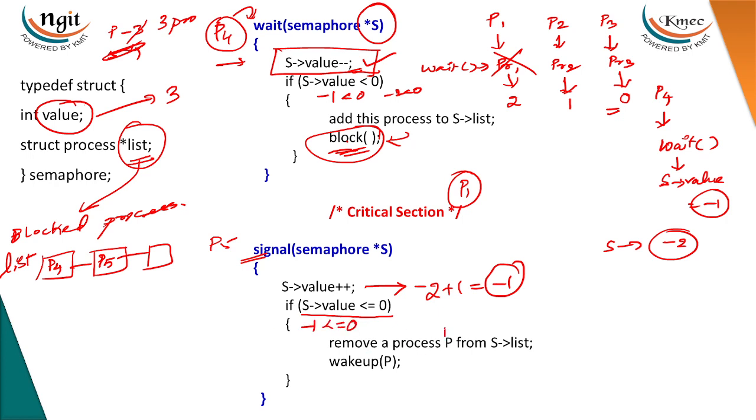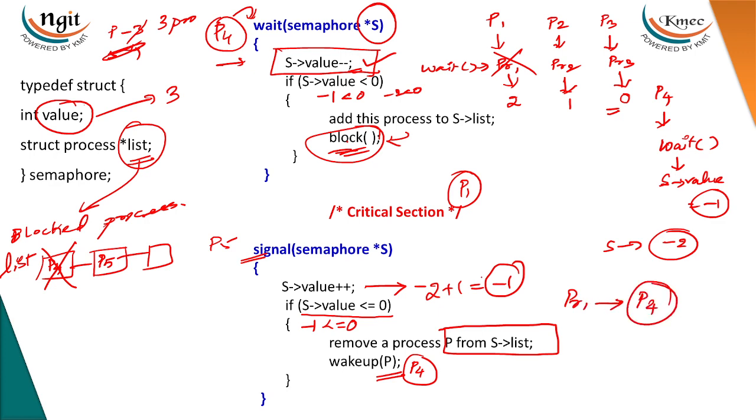Remove a process P from the list by using wakeup(P). That is, P4 will be woken up and removed from the blocked list, and printer 1 will be assigned to P4.